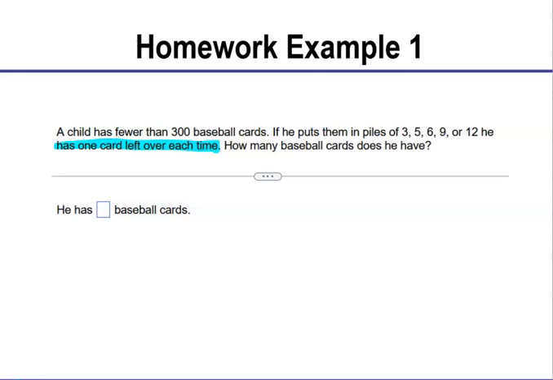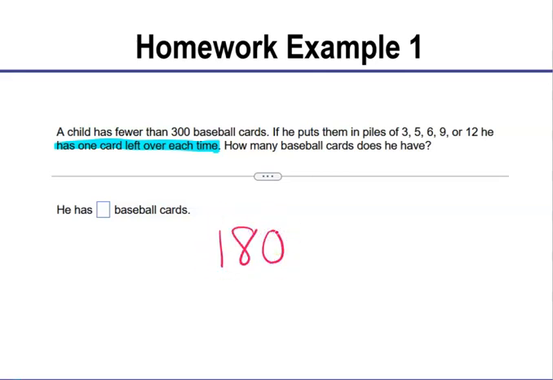Now, what frustrates me just a little bit is in the next section, section 4-3, we talk about a least common multiple. That's actually what's really happening here. We need a least common multiple, and the smallest number that all of these divide into is 180.